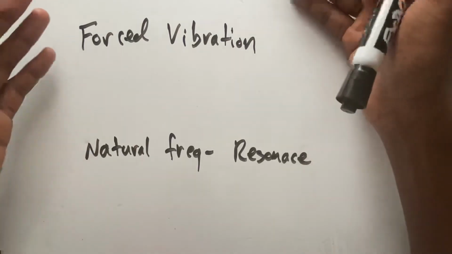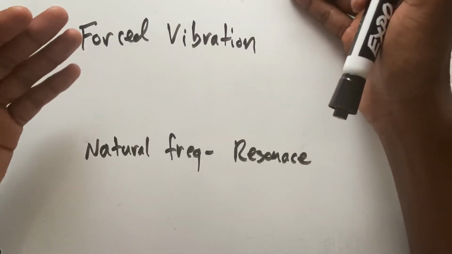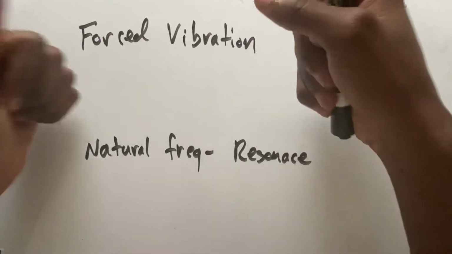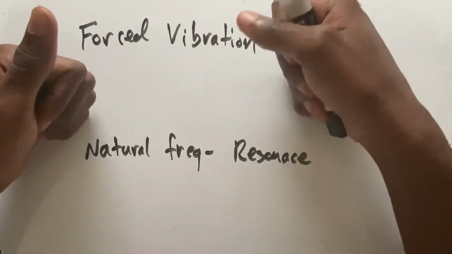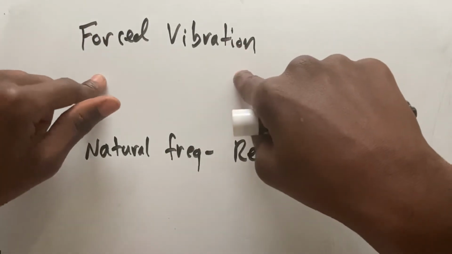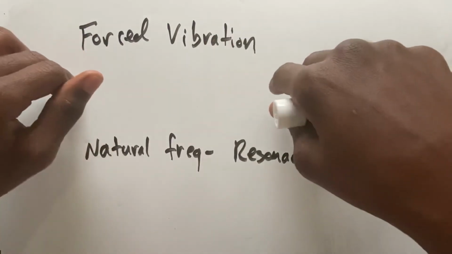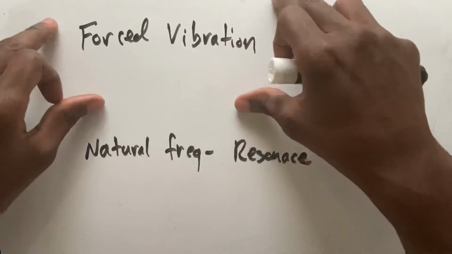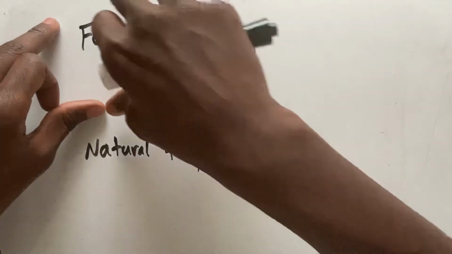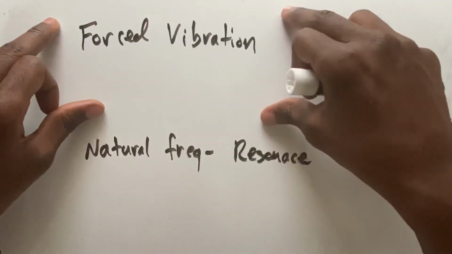If there's a whole bunch of people in a marching band and they're all walking at the same rhythm, that would be a forced vibration, because they're causing vibrations in the ground, causing the ground to shake and vibrate, right?